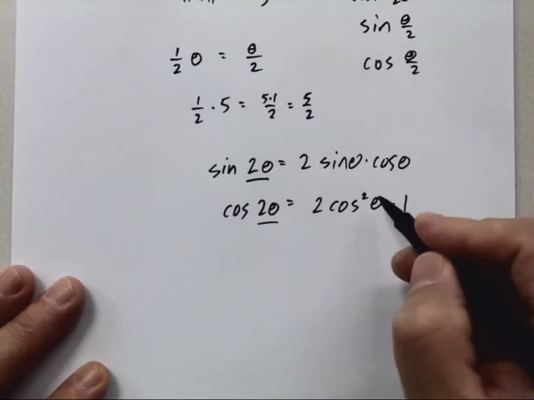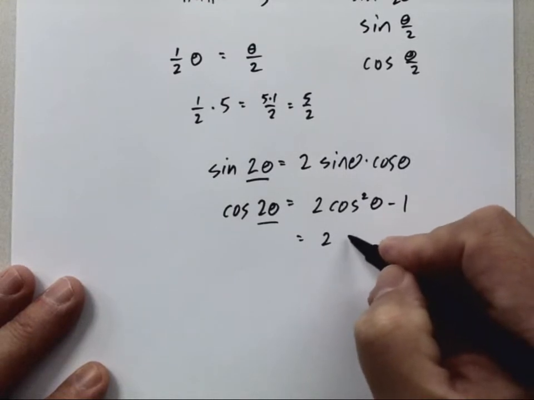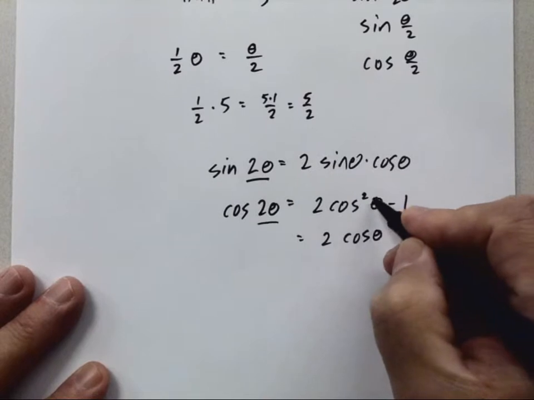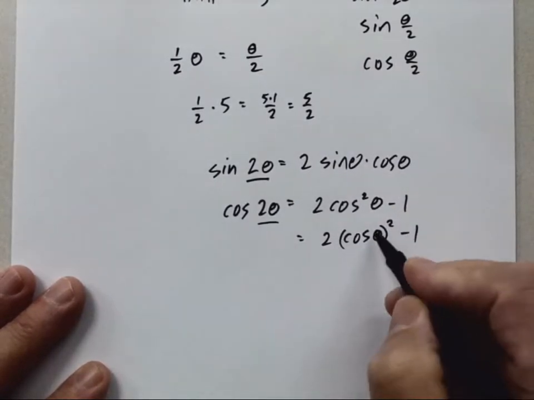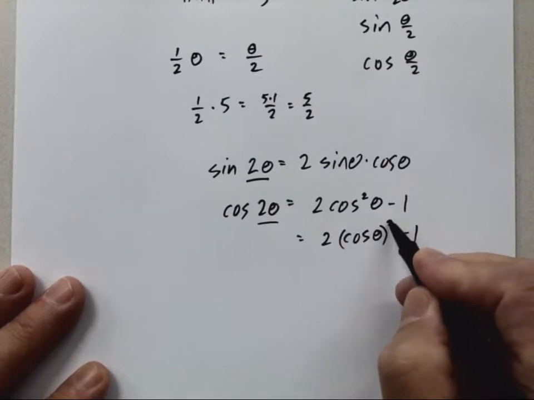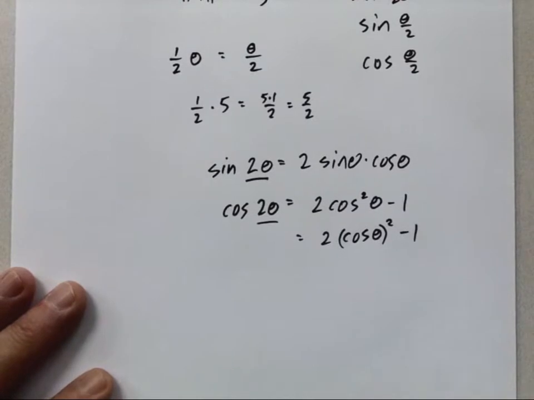Now, just in case you get confused here, I could rewrite this. The way this is written, cosine squared theta, it means the same thing as this. In other words, you take the cosine of theta, and then you square it. Multiplied by 2, subtract 1.